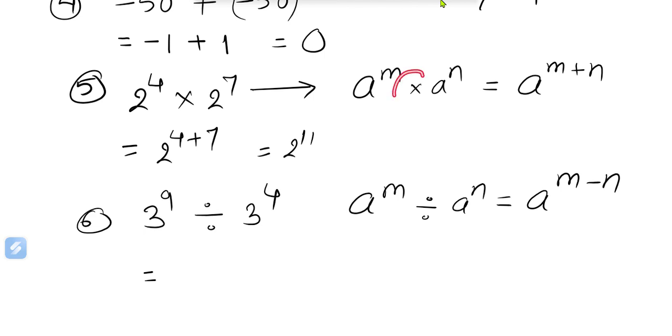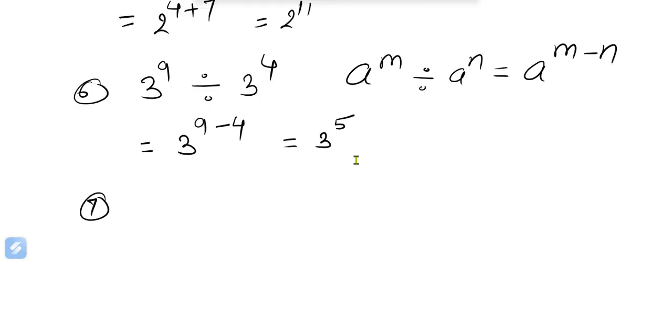Again, when there is multiplication, you add those indices. When there is division, you then subtract those indices. Now that simply means 3^(9-4), which is equal to 3^5.